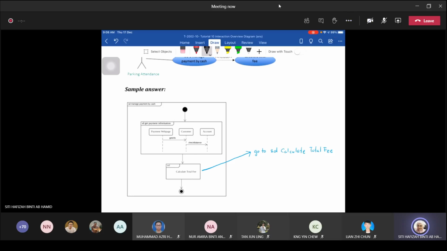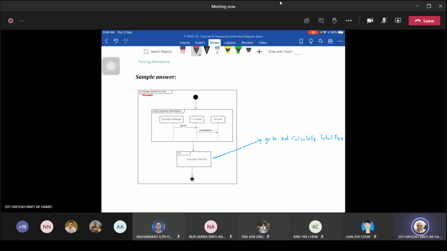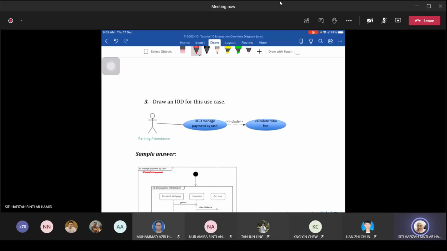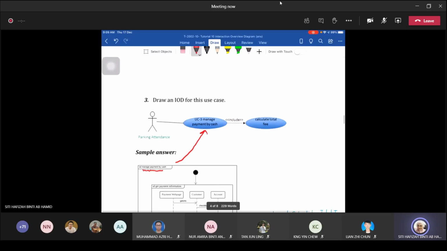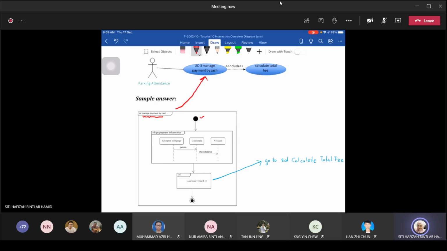Okay, so for this one, my interaction overview diagram, I use exactly the use case name. You see, manage payment by cash. So from manage payment by cash, again start with the initial, and then inside this SD get payment information is basically the processes or the workflows of manage payment by cash.